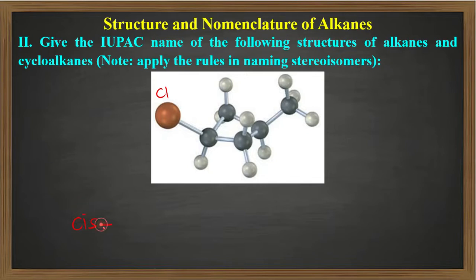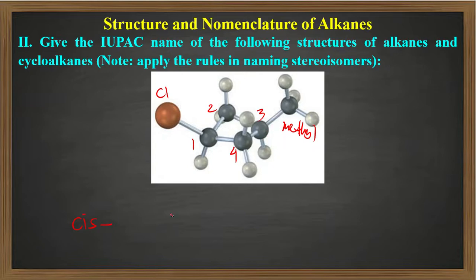Cis. So again, we will assign numbering of carbon atoms. C comes before M because this is methyl. So this will be carbon number 1, 2, 3, and this will be carbon number 4. Even if our numbering is counterclockwise, the methyl will still be in carbon number 3.